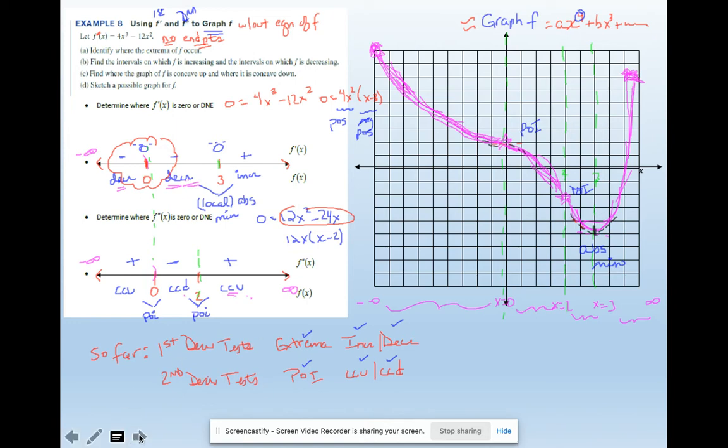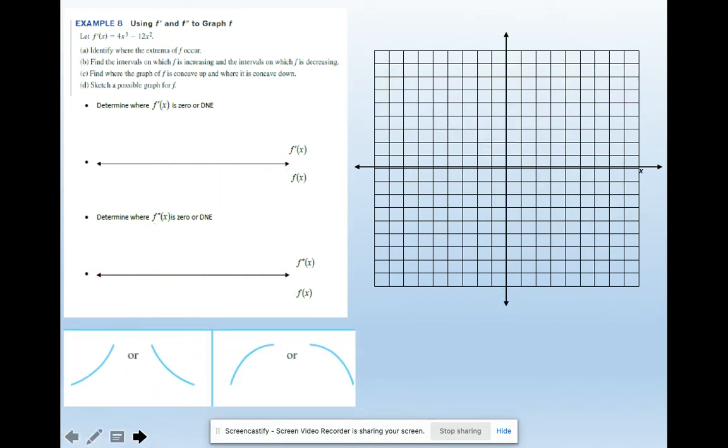For the most part, you really are drawing 4 pieces, unless you have no concavity, in which case you have a linear piece, or no increasing or decreasing, in which case you have a horizontal piece. These are the only curves that you're drawing in between each one of your critical places, right?